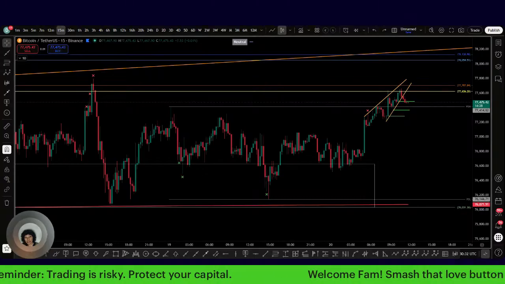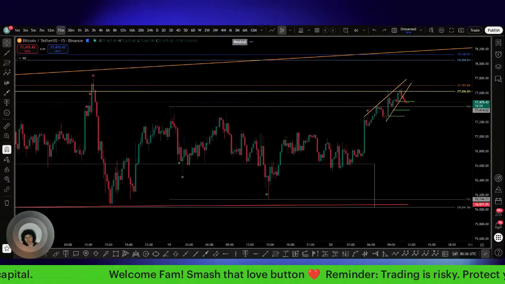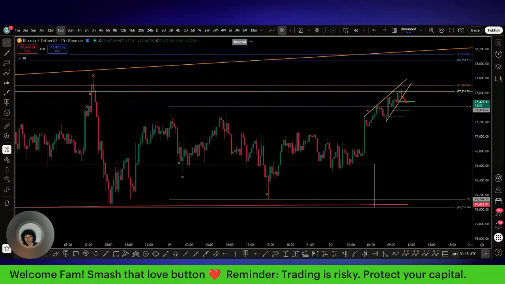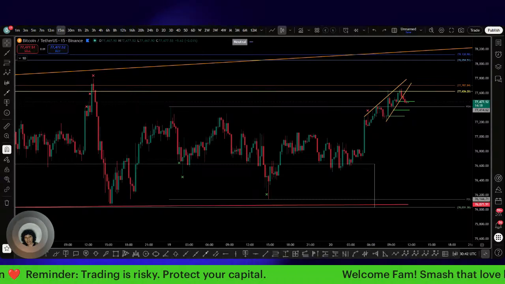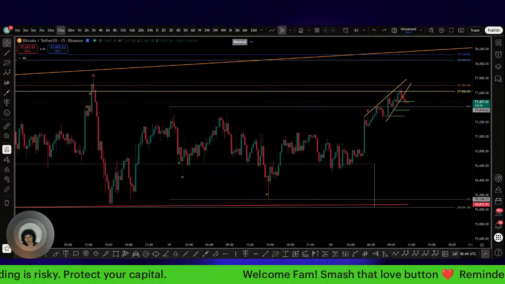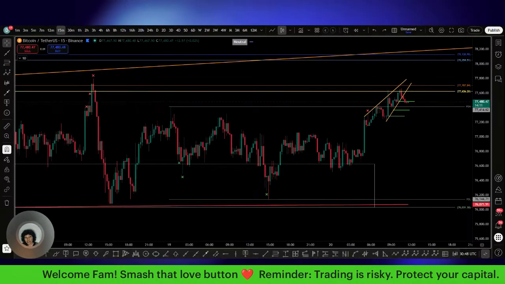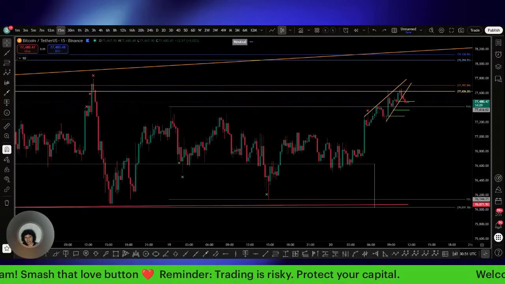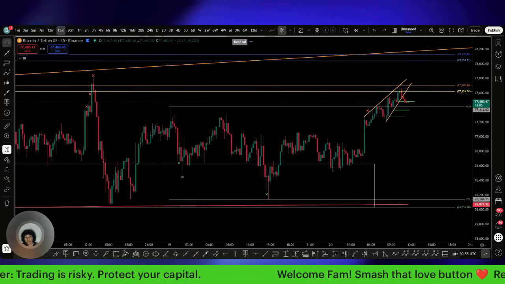So hopefully the stock market holds itself together today. Like I said, with SPY, and I'm only using SPY. I don't really like using anything else. I just like to look at SPY. I don't know why. If I'm gonna look at one, that's the one of choice for me.